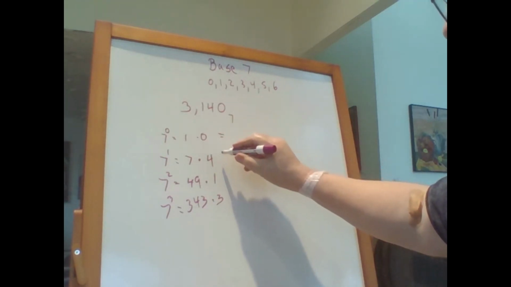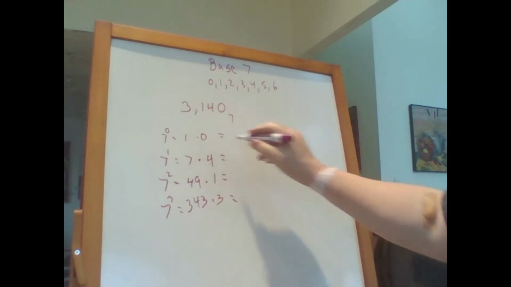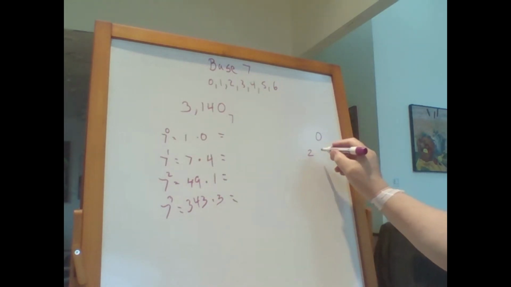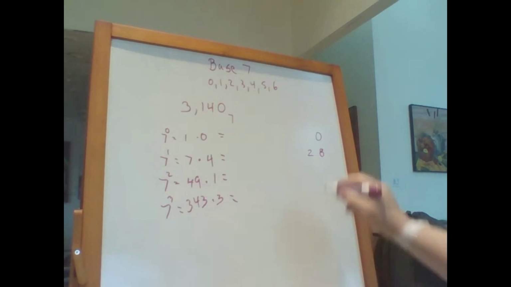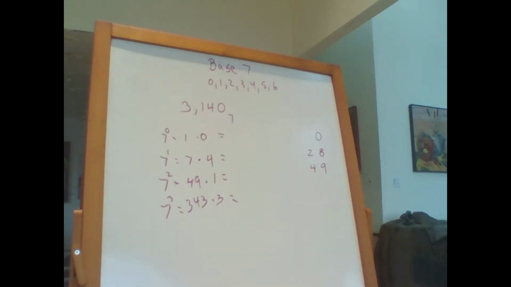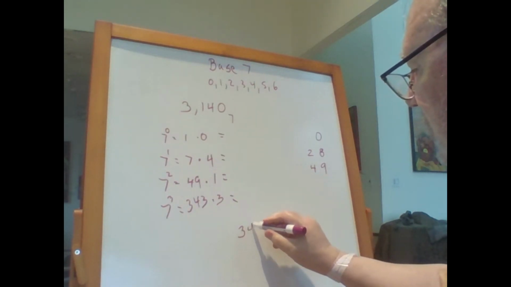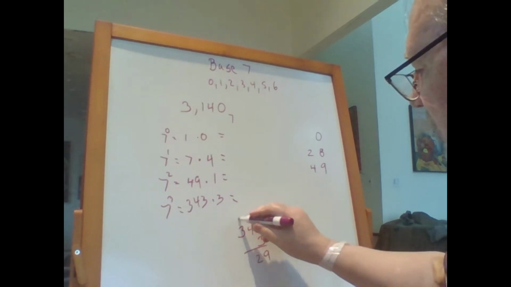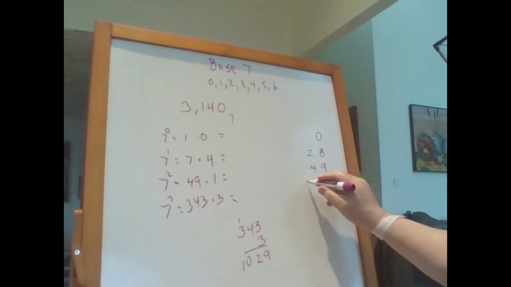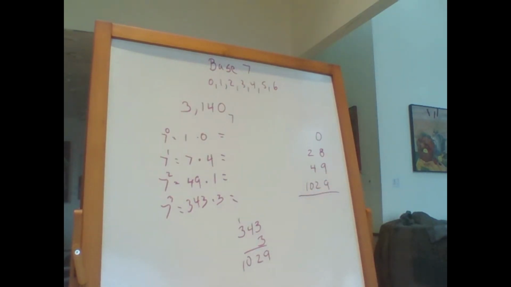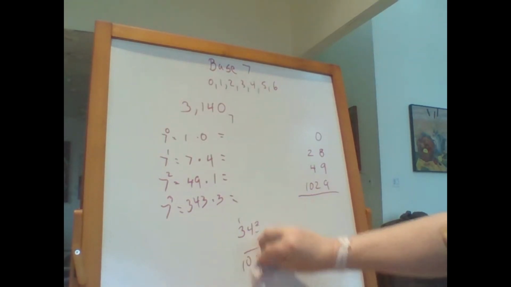And this is equal to 0, 28, 49, and 3 times 343 is 1029. So we add these up, and we have our number in base 10.